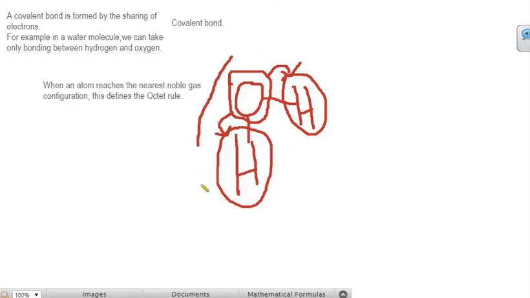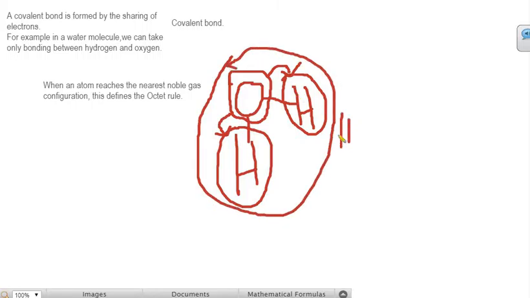Therefore they get the nearest noble gas configuration, and this forms the water molecule H2O. That's how this is formed.